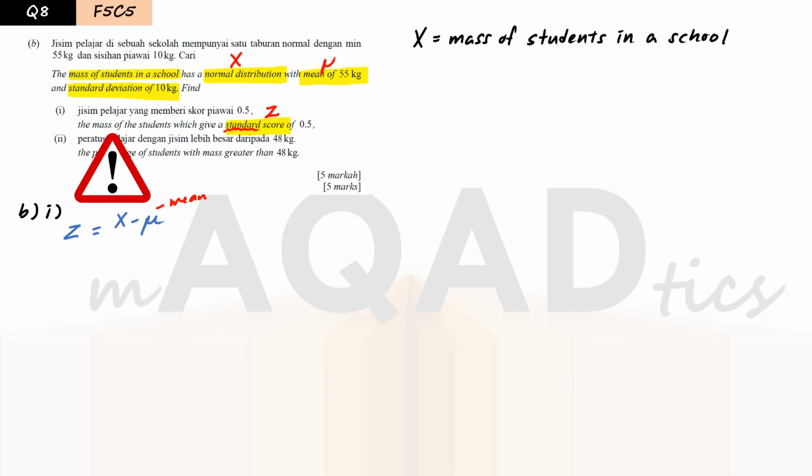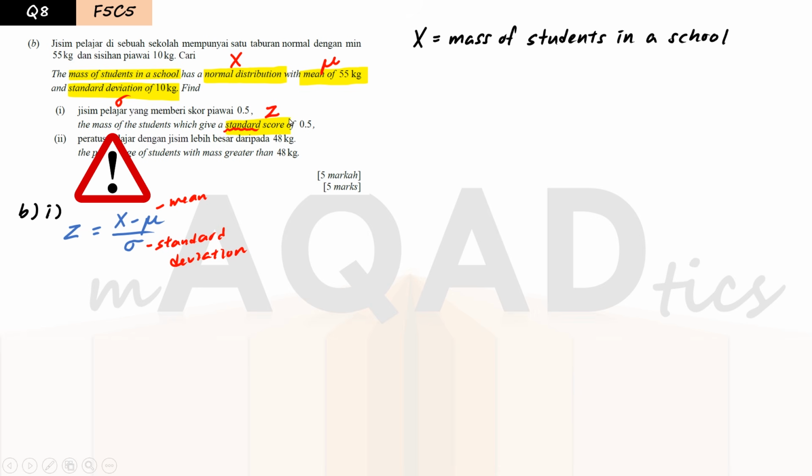So this is our mu. Then we divide by sigma, which is the standard deviation, also given here as 10 kg. So this is our sigma.